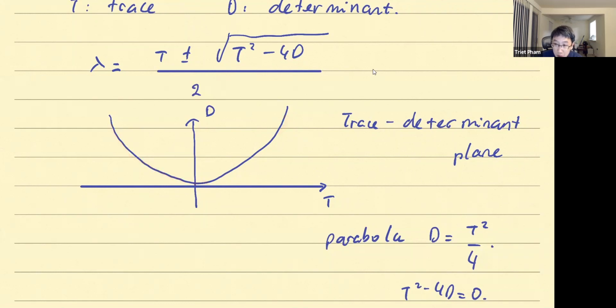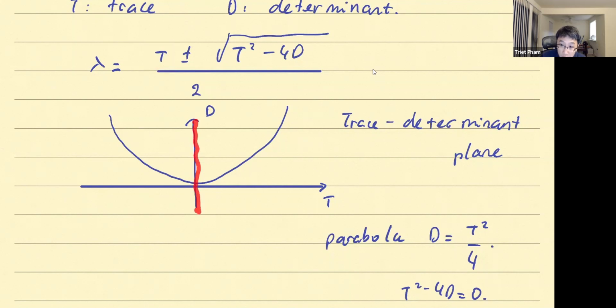What other boundary do you want to pay attention to? T. This decides whether things are sink or source, isn't it? Because if it's positive, it's a source. Roughly, of course, I'm not saying strictly that. So T being positive or negative will decide that. T equal to 0 is this line.